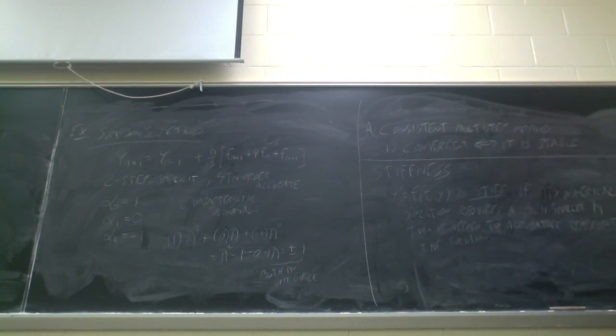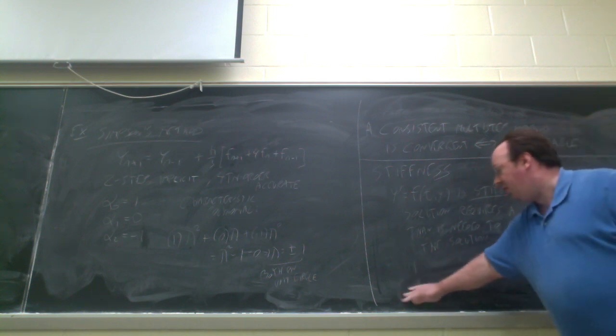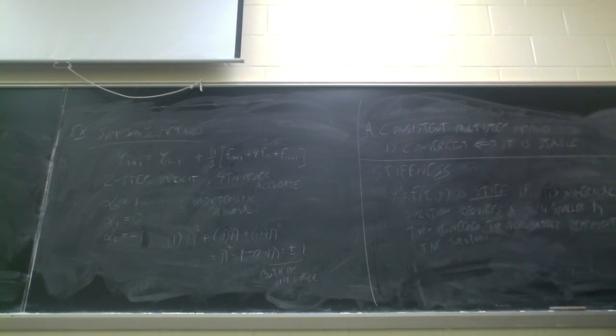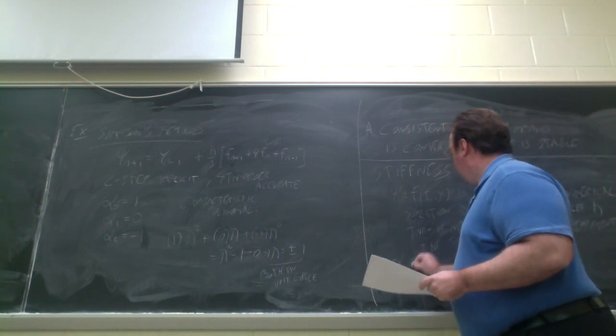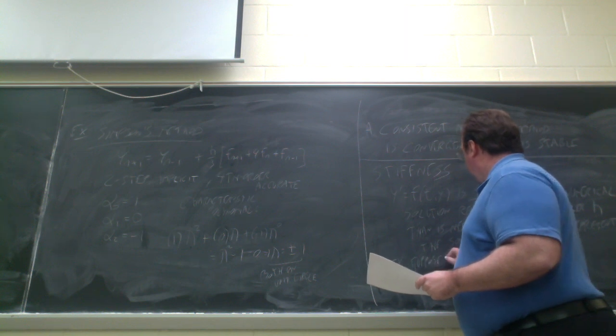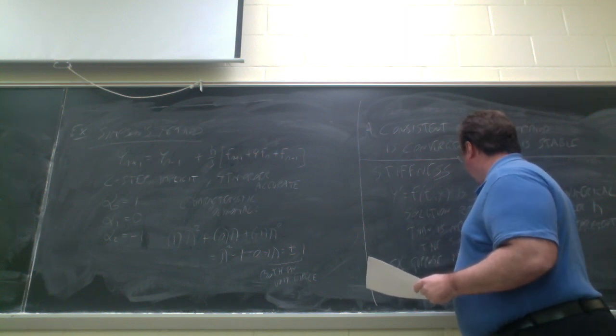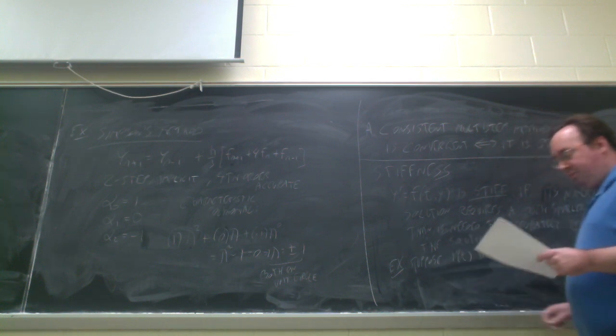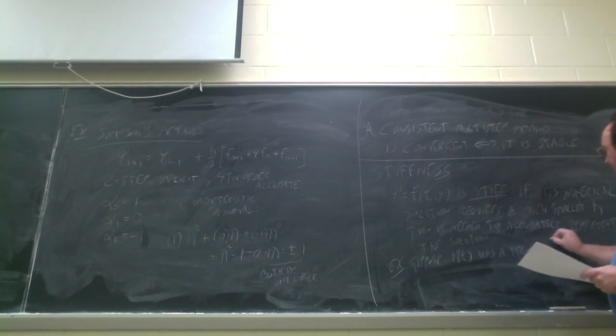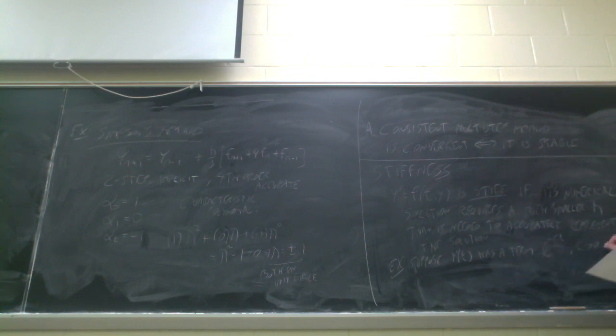Okay. To give an example of what can cause this, suppose the exact solution, y of t, has a term in it of this form, e to the minus ct, where c is positive, and in fact is large, so much greater than 1.